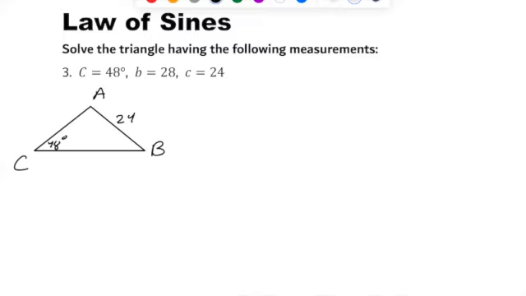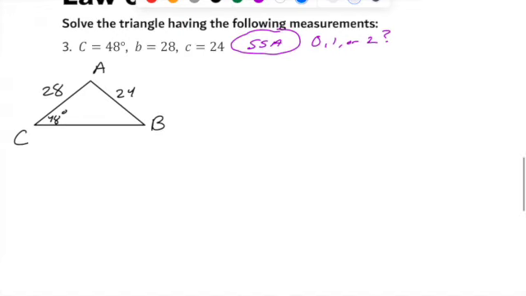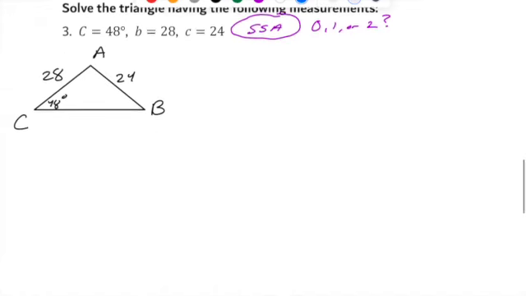Let's put that there. And again, this is a side-side-angle scenario, so watch out. It's 0, 1, or 2. And to determine, maybe you just jump in and start finding stuff. So, okay, I'm going to start with finding angle B.